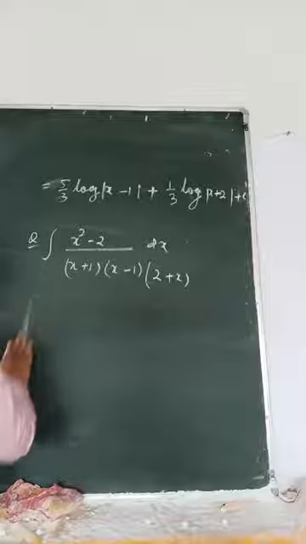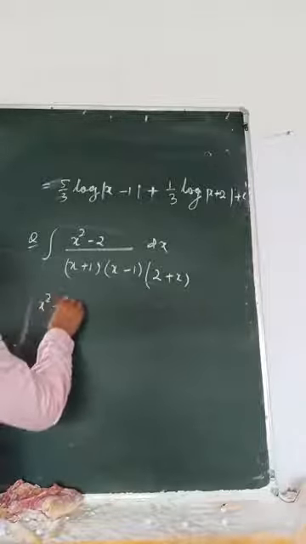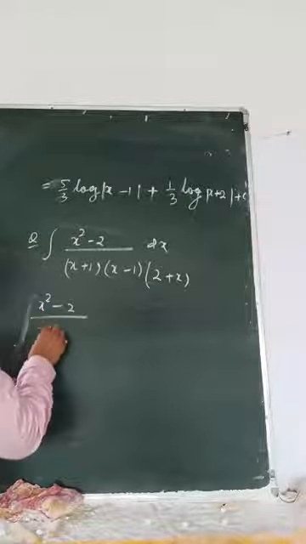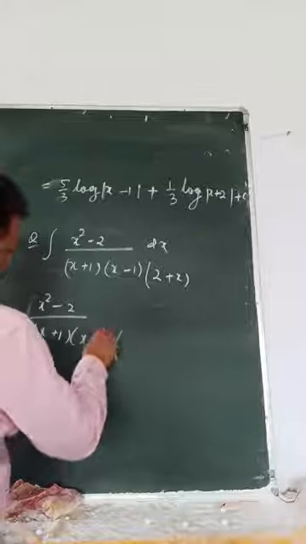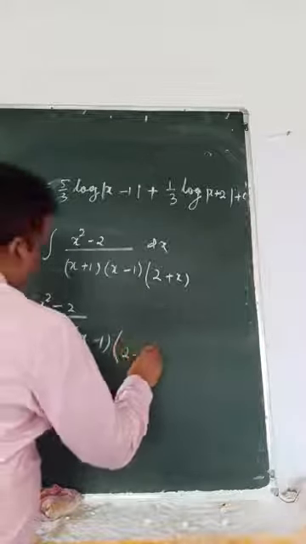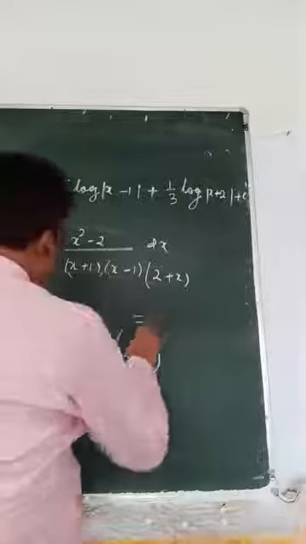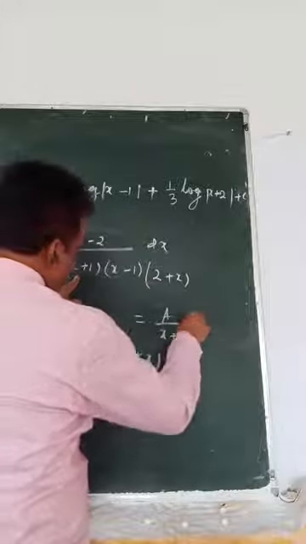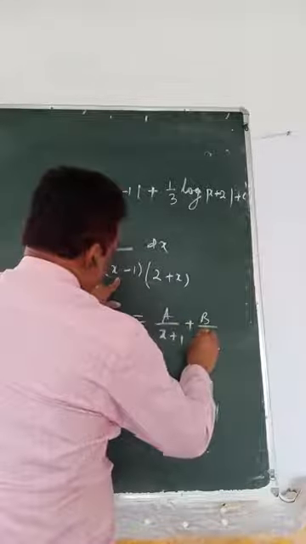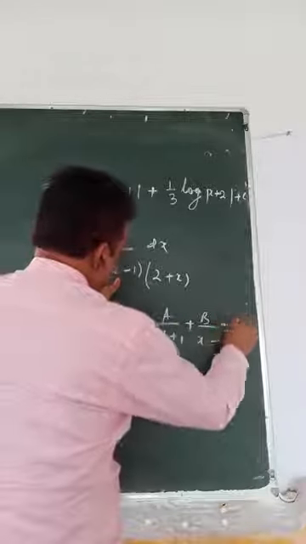Now you are writing (x² - 2) / ((x + 1)(x - 1)(2 + x)) equals A by linear, B by linear, C by linear.